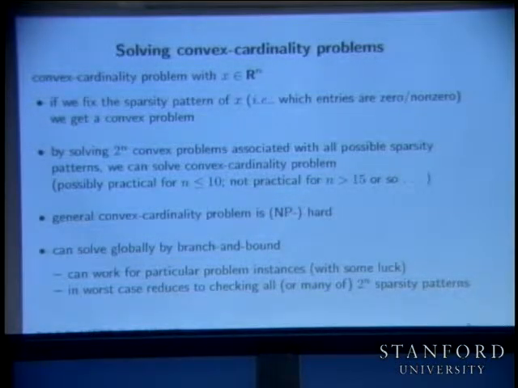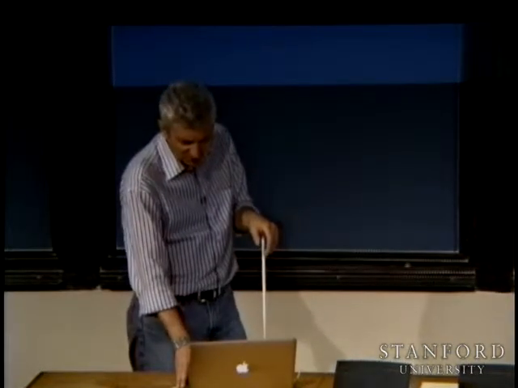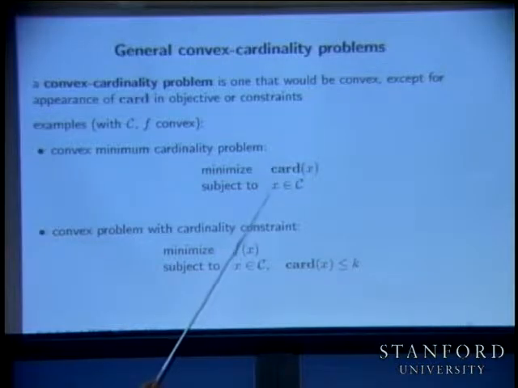Now, what this says is that if n is, let's say, 10, these cardinality problems can be solved immediately and globally, because you just solve 1024 convex problems, and you're done. Everybody see what I'm saying? And in fact, there are tricks there. You can even do it faster if you know what you're doing. Suppose we want to find the sparsest x that is in some set, which might be some design.